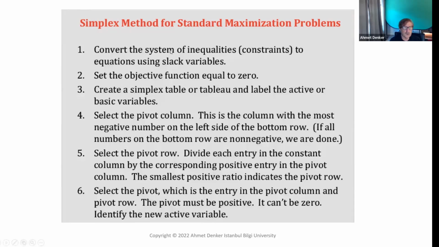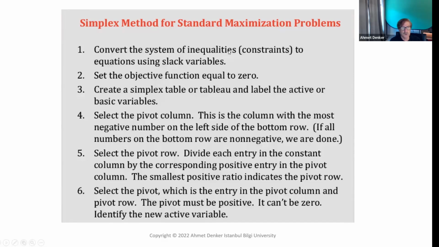First, we will convert the system of inequalities to equations. So from inequalities, we will go to equalities, and we will introduce some slack variables to do this. We will also introduce another one to make the objective function equal to 0. So at least we can see that we are going to introduce 3 slack variables here.